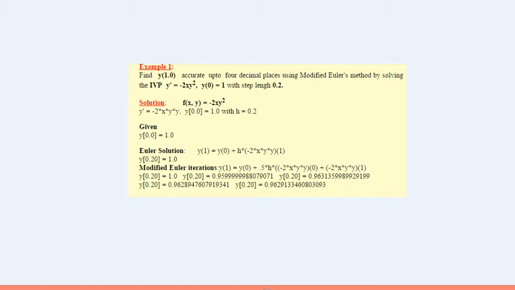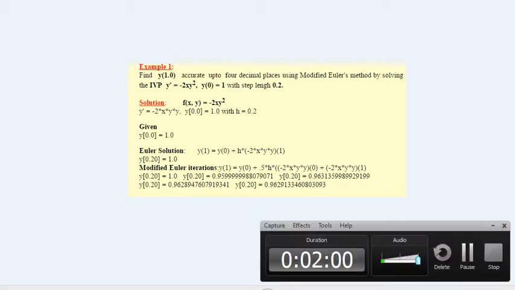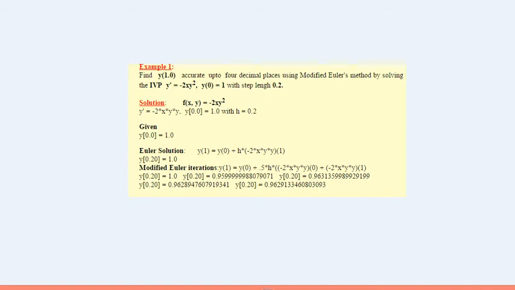So we know the formula of Euler's. First we have to solve this question by the Euler formula, and then we modify the answer by the modified Euler's iterations. So here we use Euler's solution, y1 = y0 + h times (-2xy²).